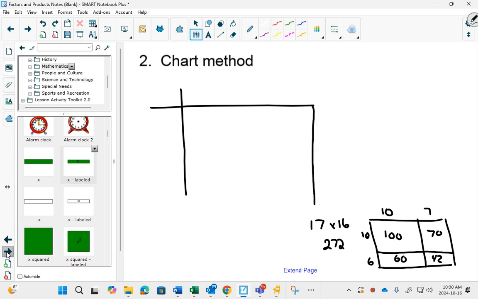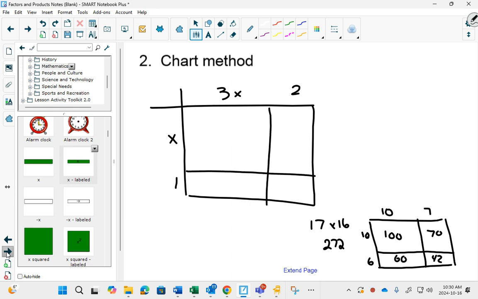The chart method does the same thing. You make a box with an area. And for our question, which was 3x plus 2 and x plus 1, you make an x and a 3x, and a 2 and a 1. And it doesn't have to be to scale, because technically this 3x should be 3 times longer than that x. Does that make sense?